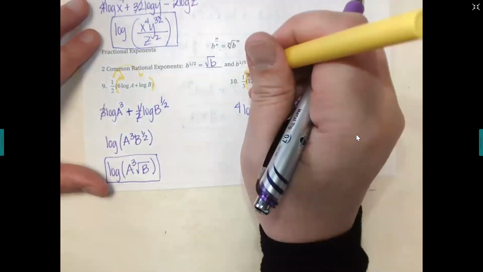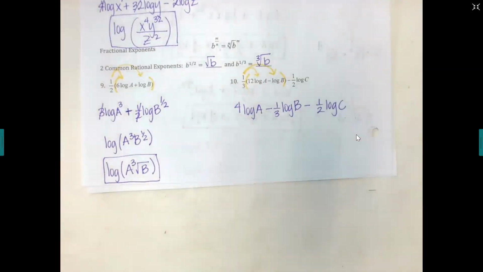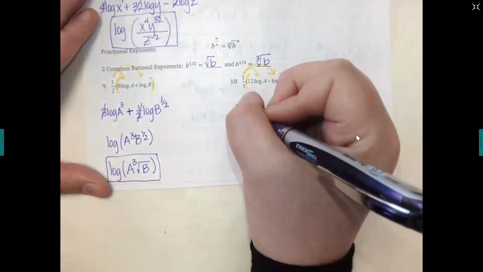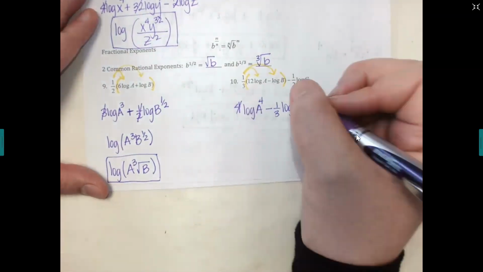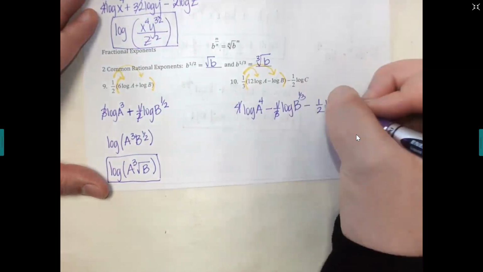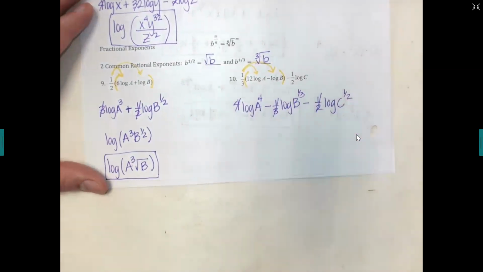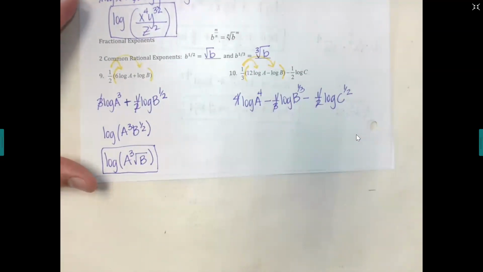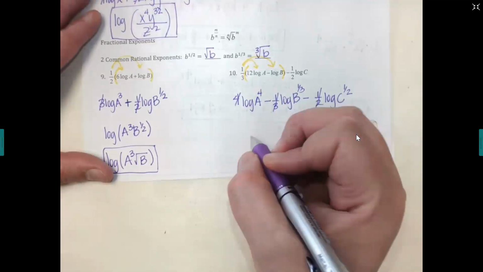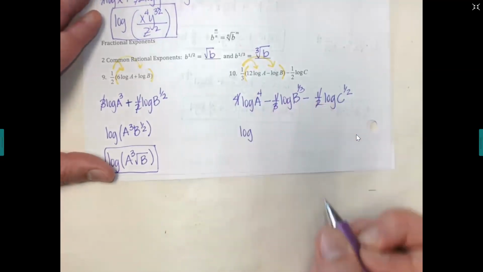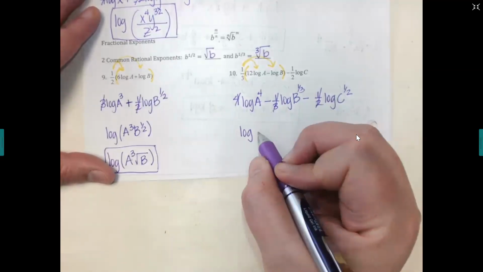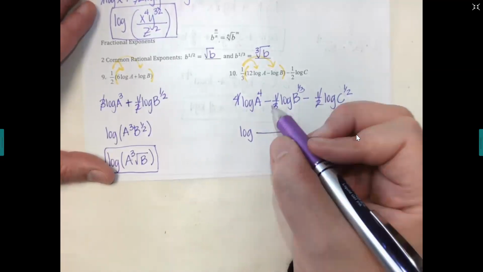Then from there, I'm gonna pull those front numbers up and then squish them all back together into the same log. So this is now an A4, this is a B to the 3rd, this is a C to the half. And then when I combine, I know I'm gonna have a fraction because I see some minuses. Where will the A4 go, top or bottom?